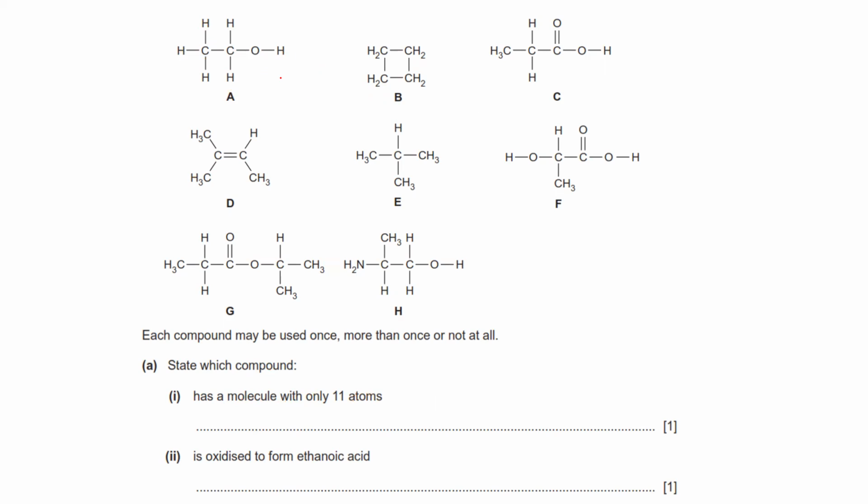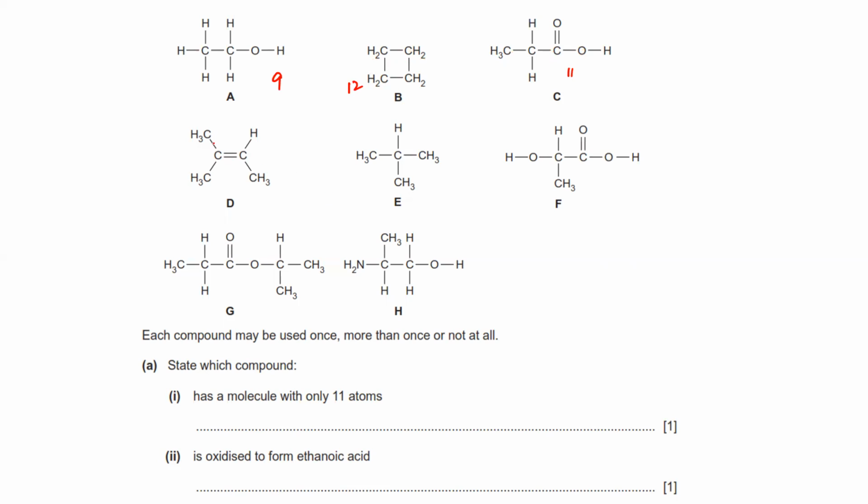So we have a total of 9 atoms here. In B, 1, 2, 3, 4, 5, 6, 7, 8, 9, 10, 11, 12. So we have 12 in B. In C, we have 1, 2, 3, 4, 5, 6, 7, 8, 9, 10, and this is a double bond, so we call it 11.